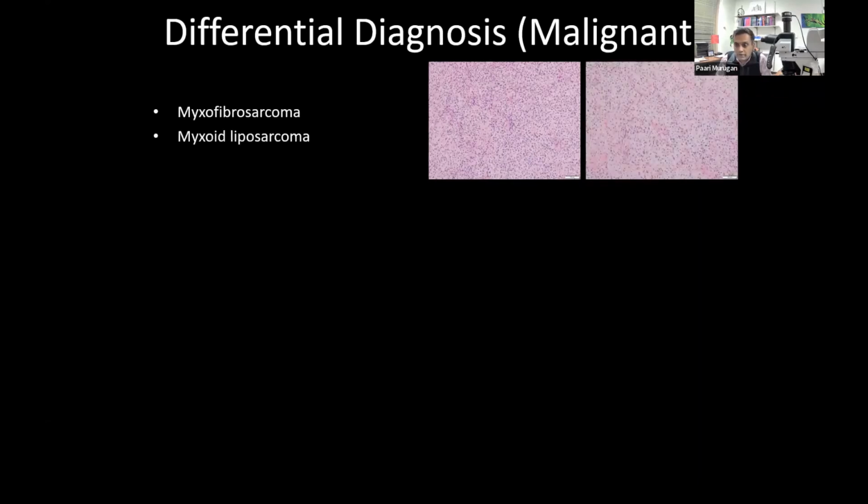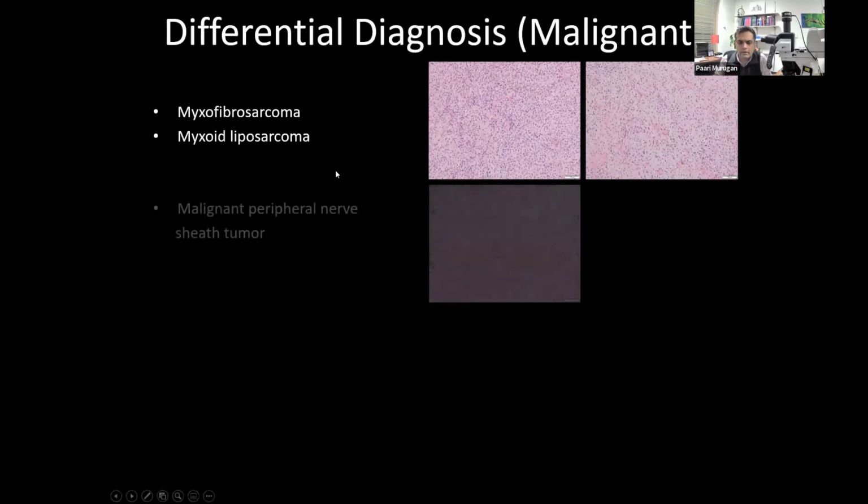And then we did see some focal areas that were completely myxoid with more delicate blood vessels, where you might think of a myxoid liposarcoma. Of course, myxoid liposarcoma typically has immature fat cells, at least focally. So in the absence of immature fat cells, this would be an unlikely diagnosis.